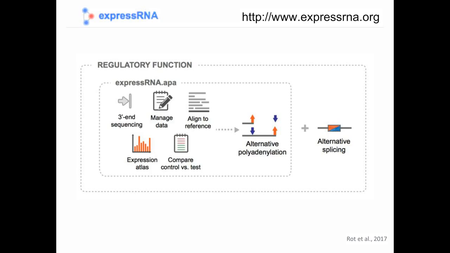APA stands for alternative polyadenylation, and it handles all the aspects of the analysis, from taking the raw sequence data to managing and annotating the data, using state-of-the-art tools to map the reads to the reference genome, then computing differential polyadenylation analysis, and even going further and combining this with alternative splicing, and you will see later also with motif analysis. So expressRNA is really intended as a post-transcriptional analysis research tool.